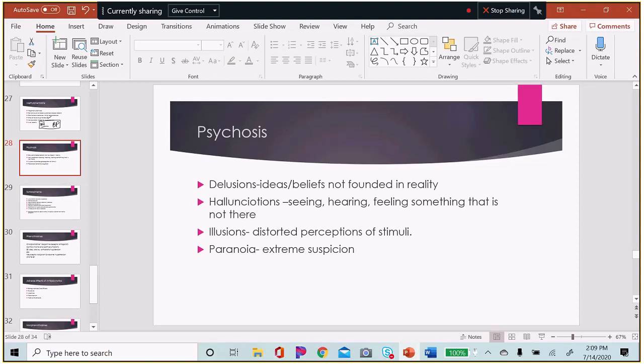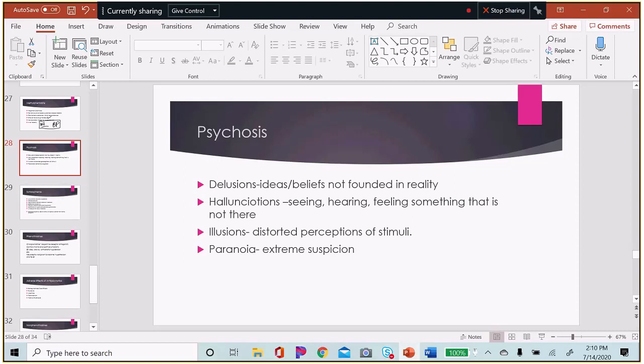Psychosis contains these behaviors: delusions, hallucinations. Delusions means you believe things or have ideas that are not true in reality, which usually contain some element of paranoia or suspicion of people around you.